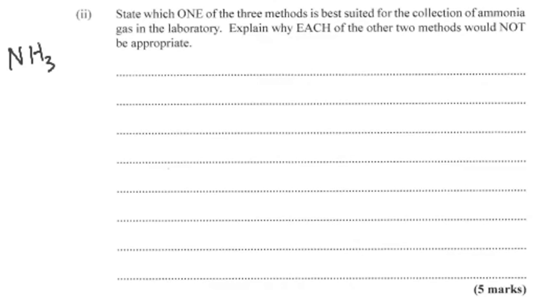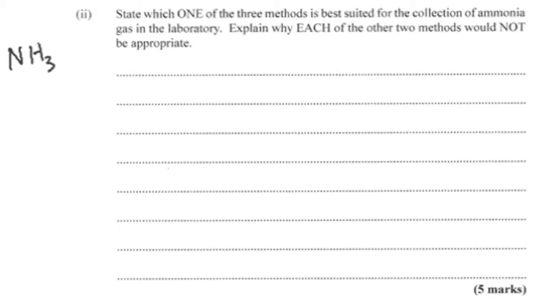Which one of the three methods is best suited? First we have to know something about ammonia. We have to know about its density. We have to know if it's basic or acidic. Density is covered in the upward or downward delivery. We also have to know about its solubility in water.